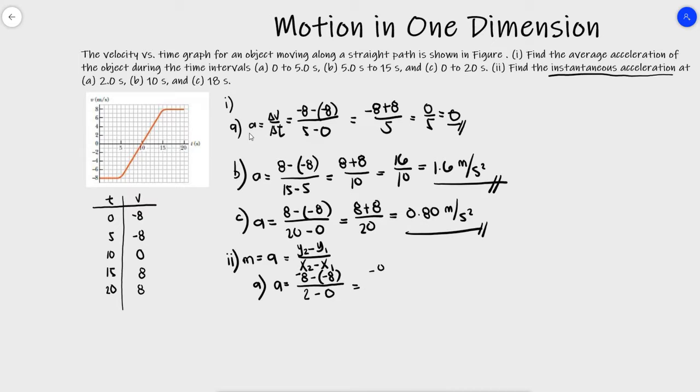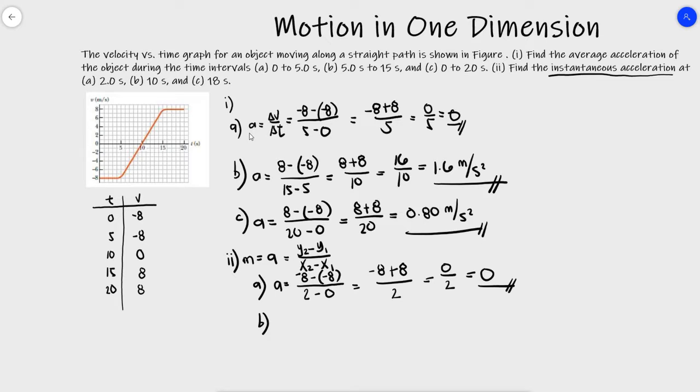And here we have negative 8 plus 8 all over 2. Negative 8 plus 8 is equal to 0 over 2. So this one is equal to 0. As you can see, the slope of a horizontal line is equal to 0.